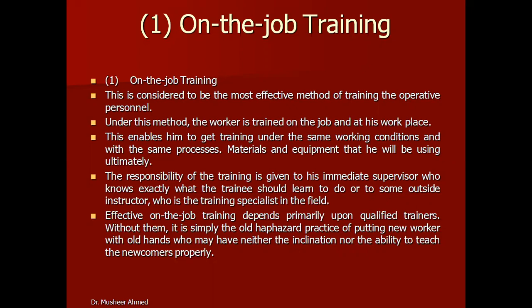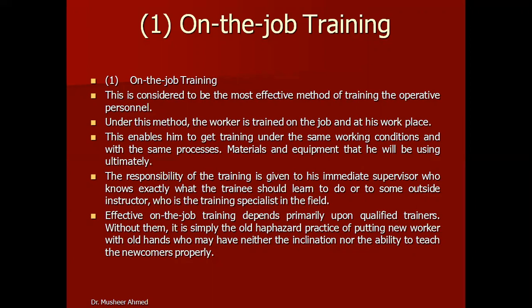Obviously, he is under the supervision of a supervisor who is being asked to train him on the job, and he is correcting his mistakes now and then, as and when it is required, right? The responsibility of the trainer is given to his immediate supervisor, who knows exactly what the trainee should learn, or this responsibility may have been given to an outside instructor, right?